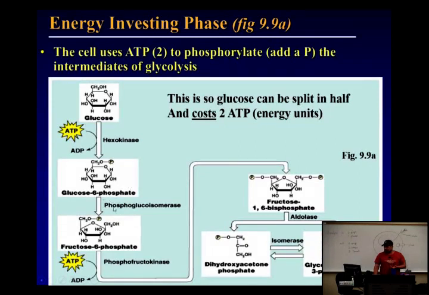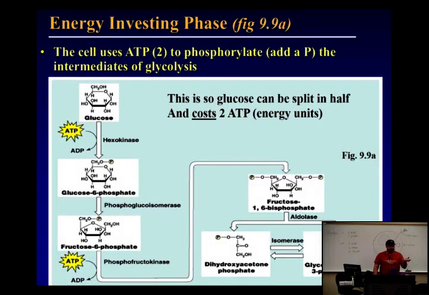And this is called phosphoglucoisomerase. It's a big word. What does it tell you? It's going to create an isomer from what? Glucose with a phosphate, right? And so what's an isomer?